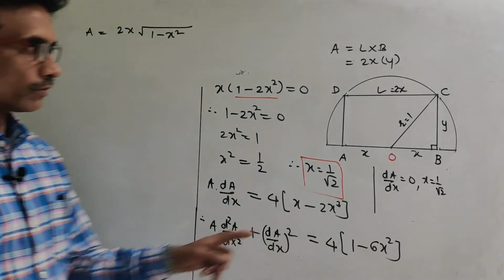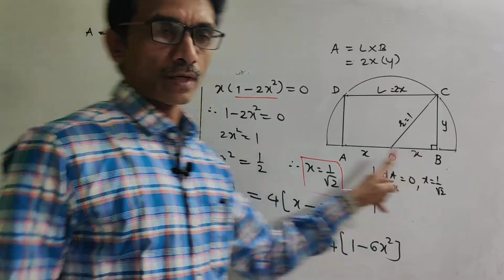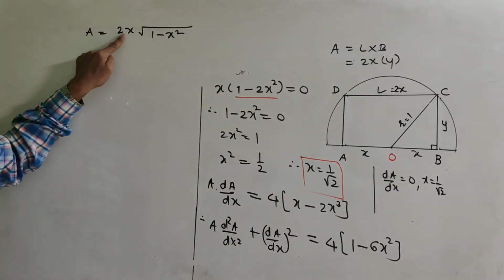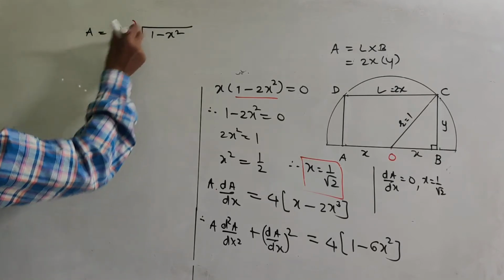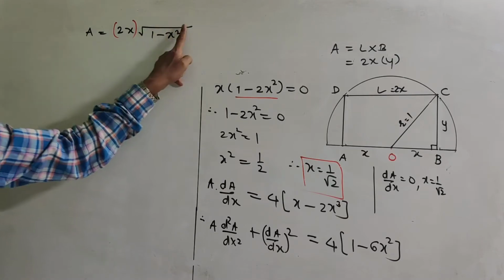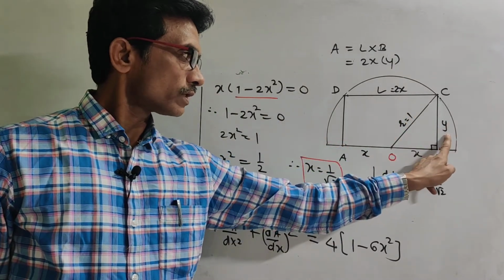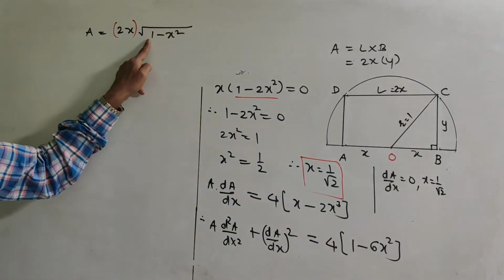But y is equal to root of 1 minus x square. So substitute here y. So area is 2x, that is length, and breadth is root of 1 minus x square.